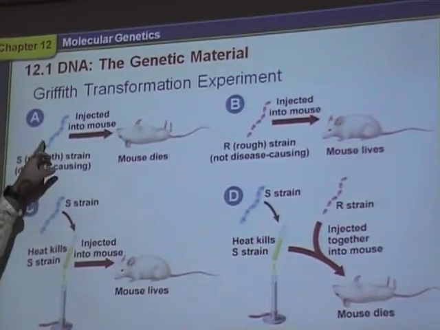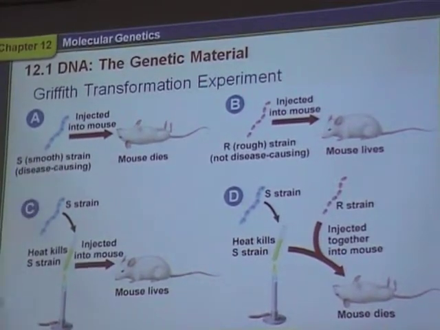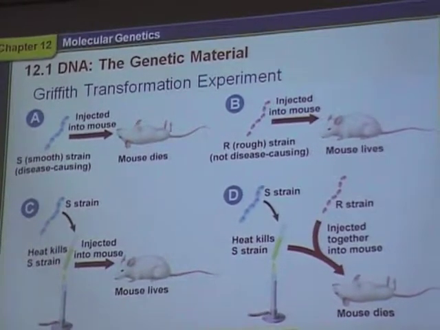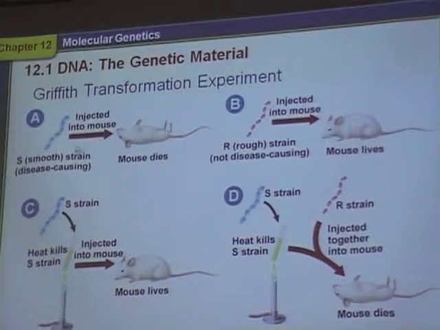They had a smooth outer coating on their bodies. And when he injected these smooth S-strain bacteria into a mouse, the mouse died.